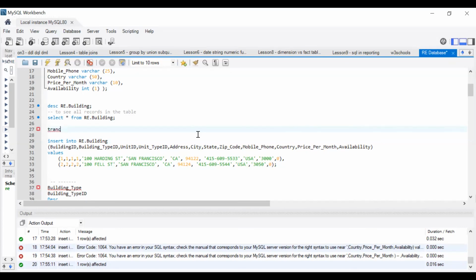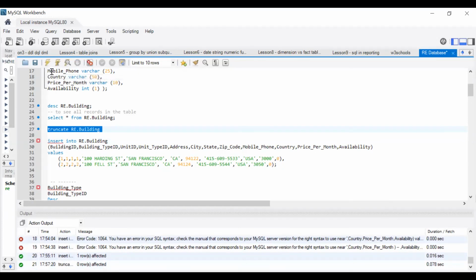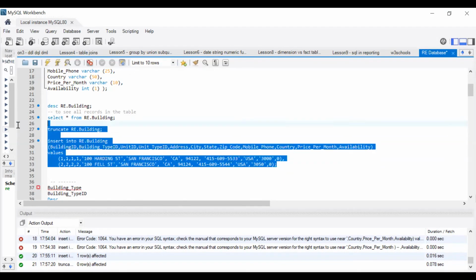Oops. Misspelled the word truncate, of course. Okay, so we just truncated it, meaning that we deleted everything. And let's try to insert from scratch.